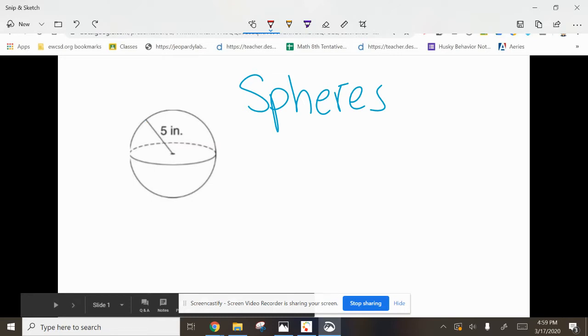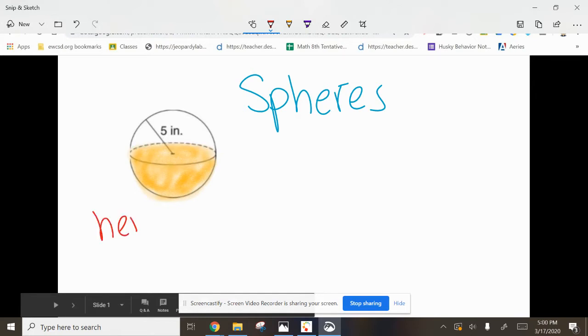Okay. There are some things to understand. Let's try to get this in your mind. If I just shade in this part here, you see this part that I just shaded in? If you could see the 3D model of this, and you see my circle here, we just cut it in half, that would be one half of the sphere.